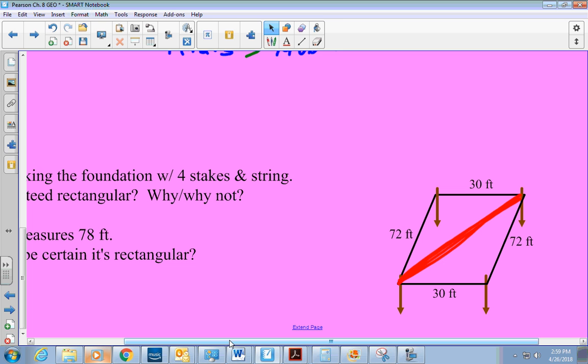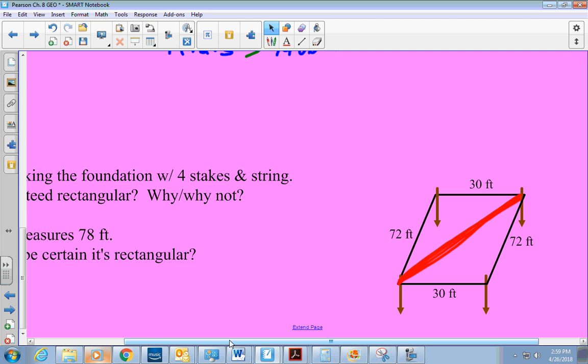So imagine a string. This is a foundation for like a garage.